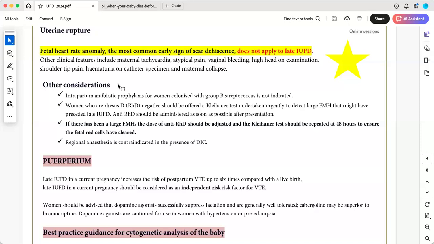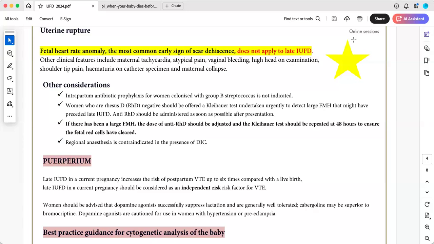Okay, so here, my friends, please be careful that a woman who is rhesus D negative should be offered the Kleihauer-Betke test undertaken urgently to detect a large fetal-maternal hemorrhage that might have preceded late IUFD. Anti-RhD should be administered as soon as possible after presentation.